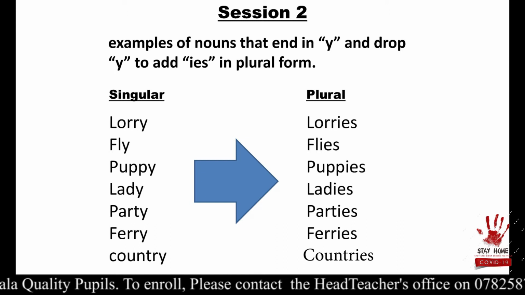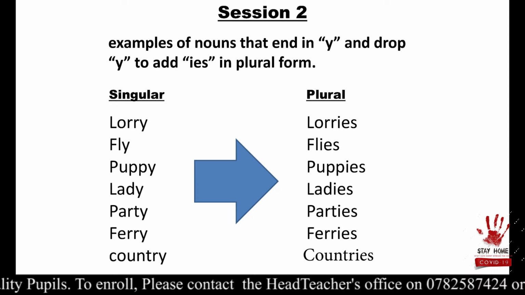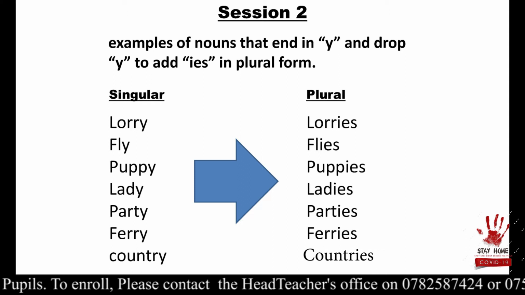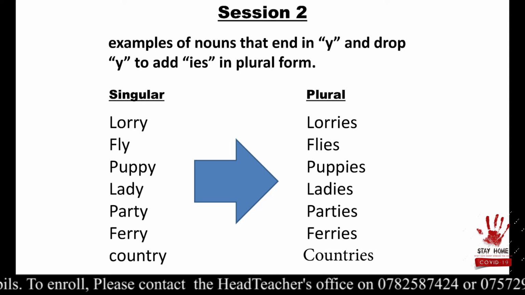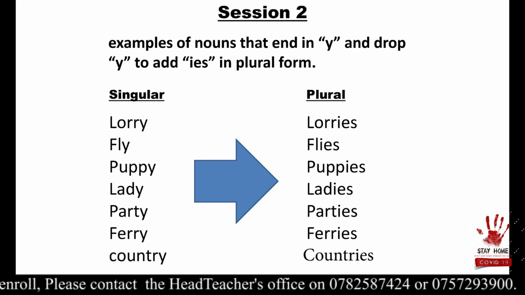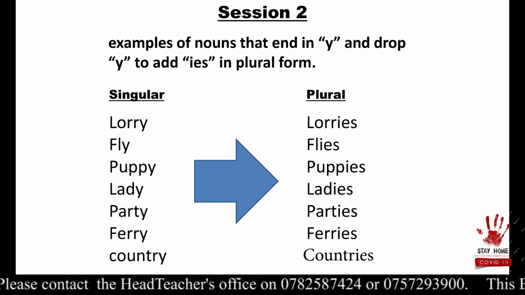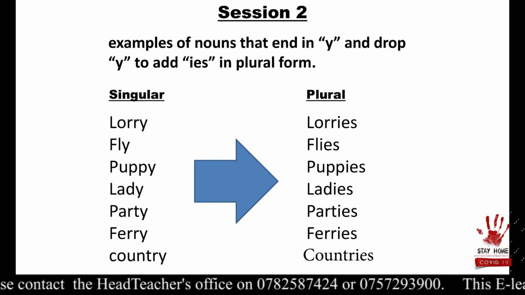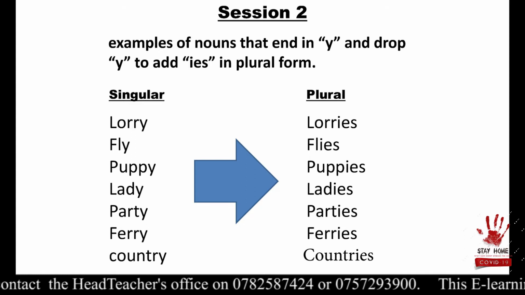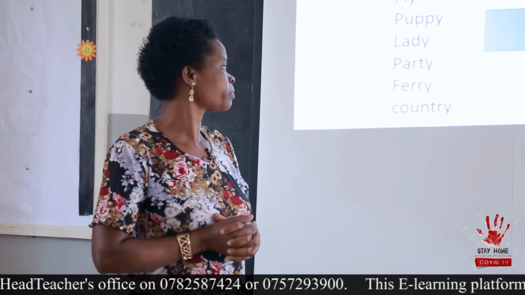So we have lady, like me. You say lady when it's one, but when there are many, because of the consonant D, we shall remove Y and we put I-E-S, then it will change to ladies. If you find us moving in a group and you say, hey, I met ladies, the Y will not come.